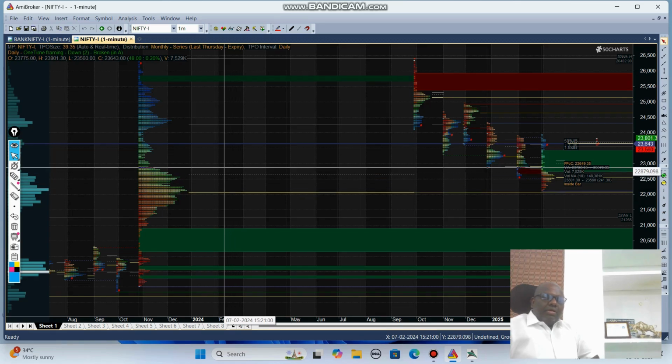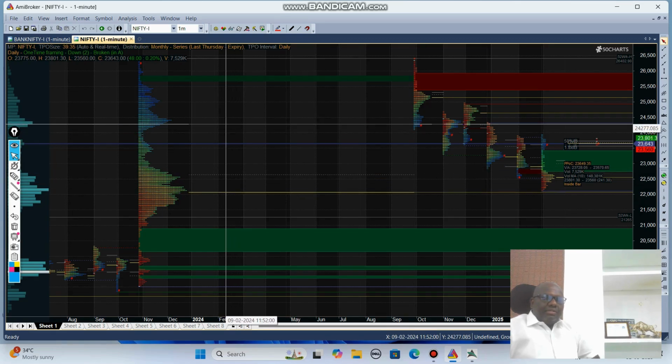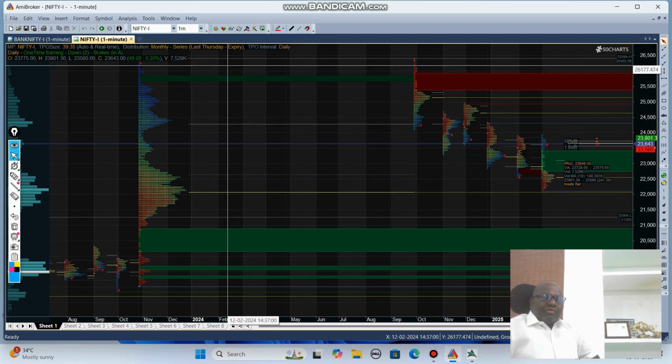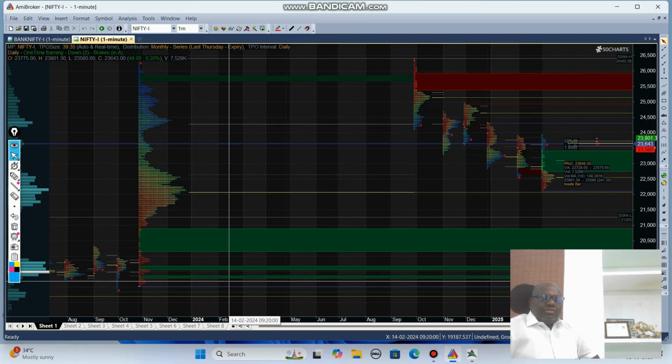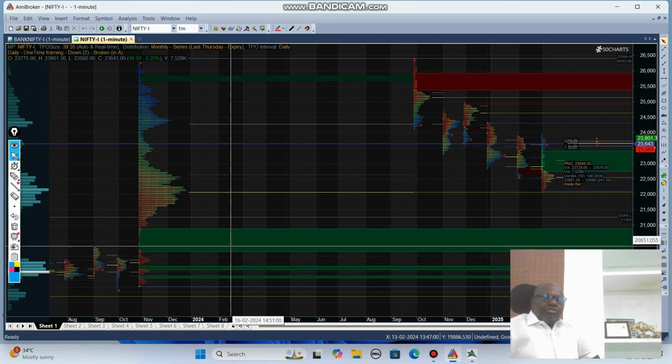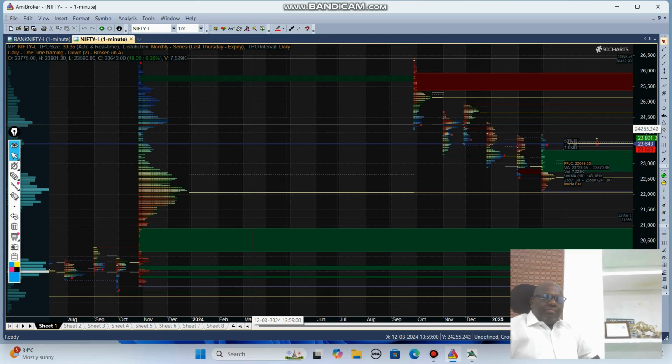If you have long term data like 5 years, 6 years or 10 years, you can also predict exactly where the market will come. There are chances it will test this zone. So you have to wait for this zone, and your entry should be on standard deviation. Long term profiles will give the perfect picture, so you cannot lose in the market.